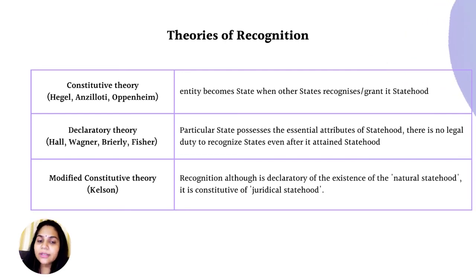Whereas juridical statehood is acquired by the state only when other states recognize it. So more or less, you can say it is a combination of the above two theories we have just discussed, right? These are the important theories given under recognition.